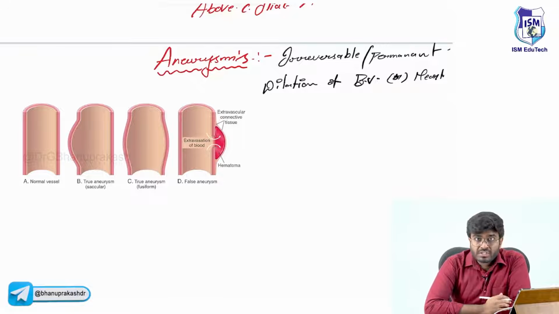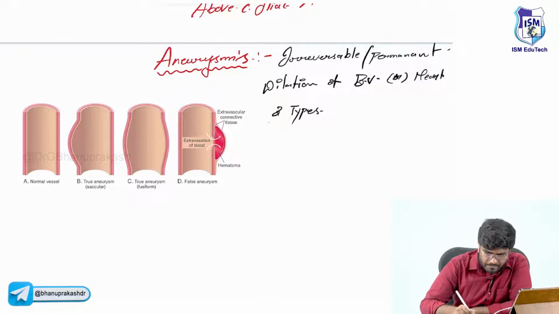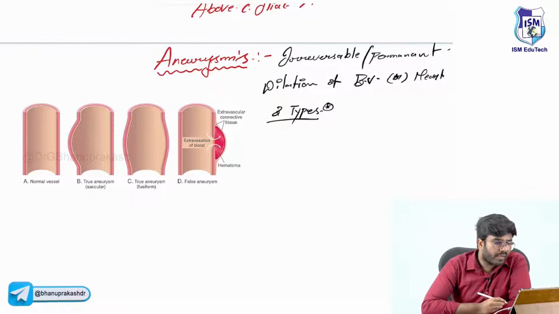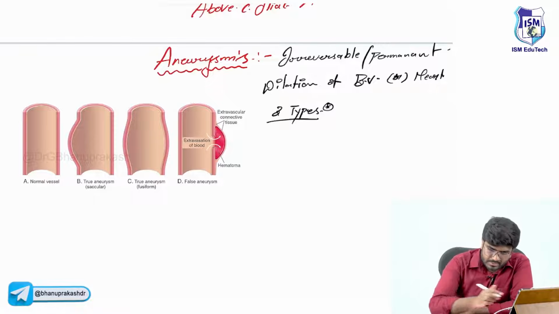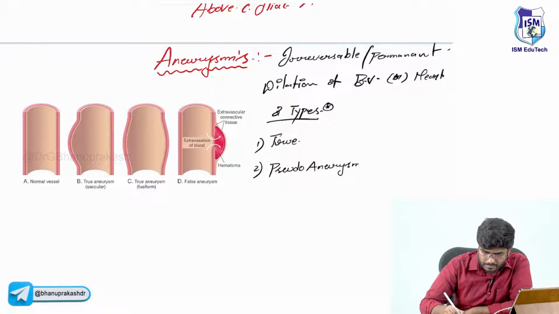Now, questions that will come in your exams are: how many types of aneurysms are there? There are 3 types of aneurysms. What are they? The 3 types are true aneurysms, the second type are pseudoaneurysms, and the third type are mycotic aneurysms.